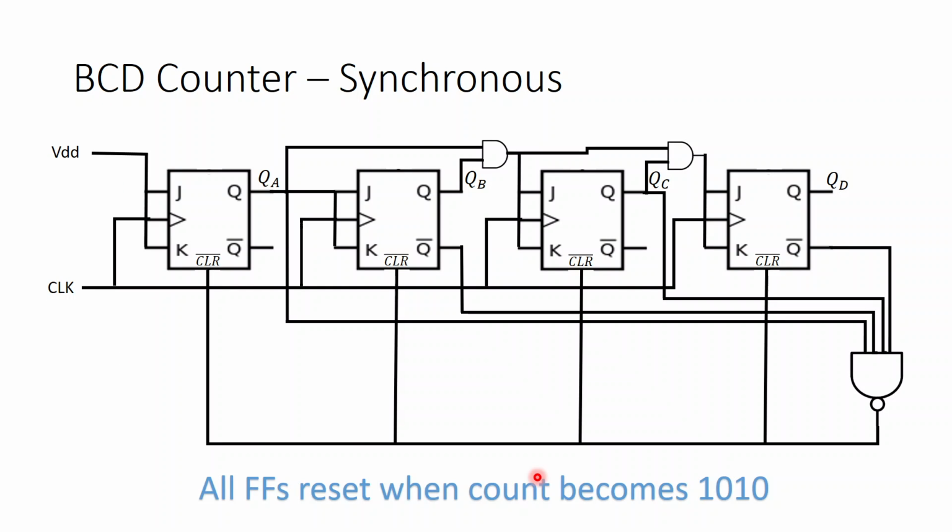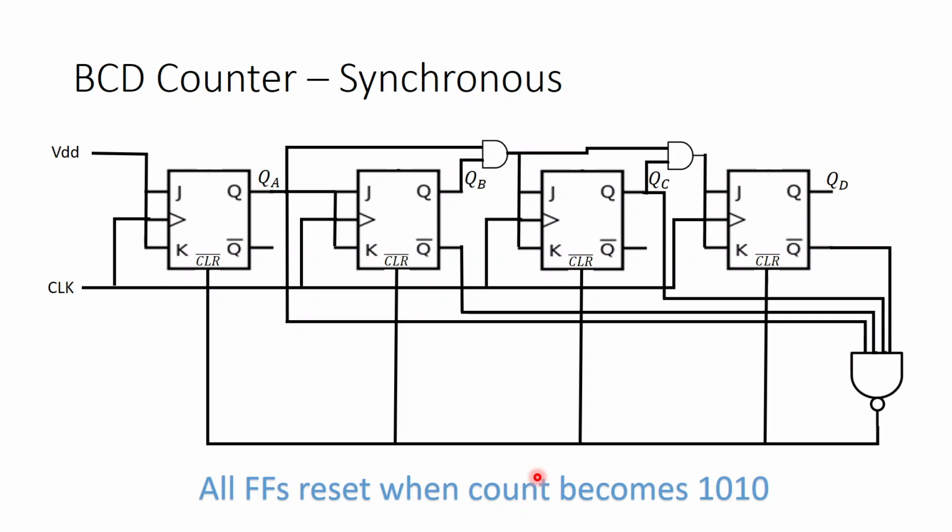The next important thing is the mod n counters. One very specific mod n counter is the BCD counter. The BCD counter is counting the BCD digits, which are the 4-bit binary blocks from 0000 to 1001. We don't have numbers from 1010. That means whenever 1001 comes, at the next count it must be 0000 again.